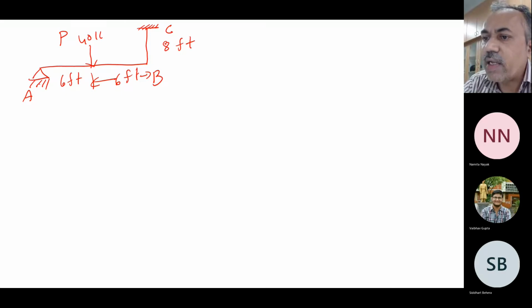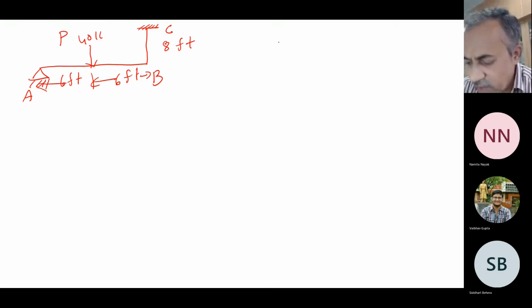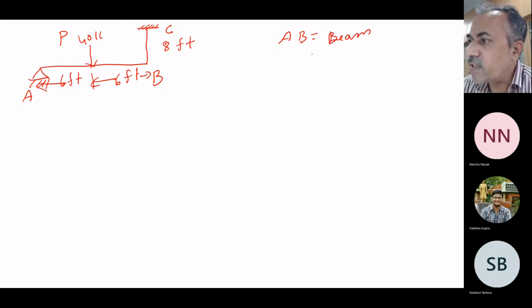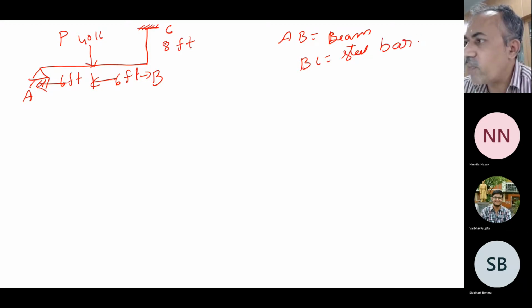Then we are having a steel rod. So AB is a beam, and then BC is some steel bar. Some details have been given. Now tell me, what do you mean by failure here?